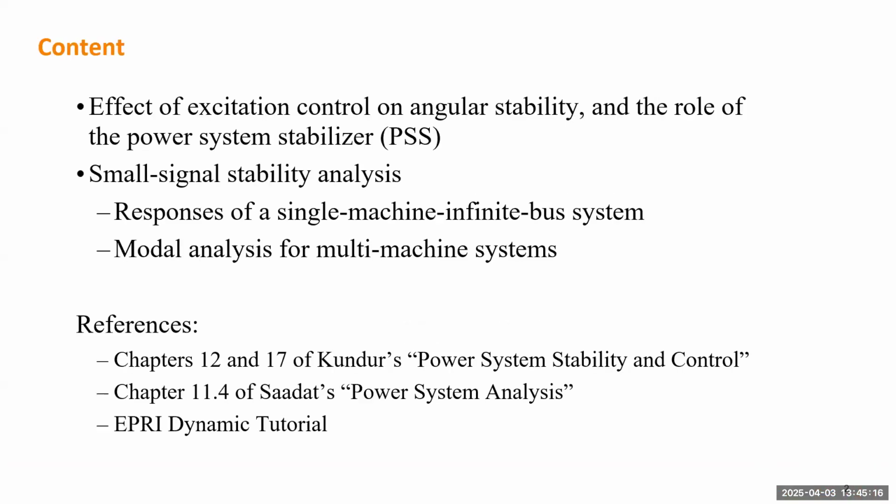That is the power system stabilizer, right? Sometimes I put the first item, the effect of excitation control on angular stability, in the voltage regulation control session. Sometimes I just decide to leave it in this small signal stability session, because if we talk about the power system stabilizer in the voltage section, that will give you a wrong feeling.